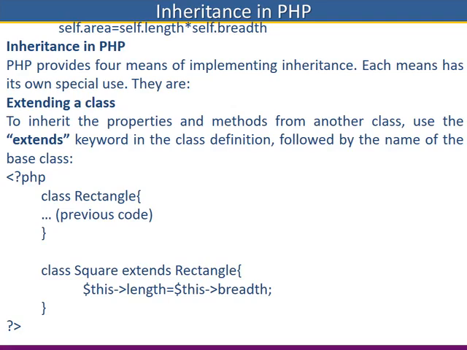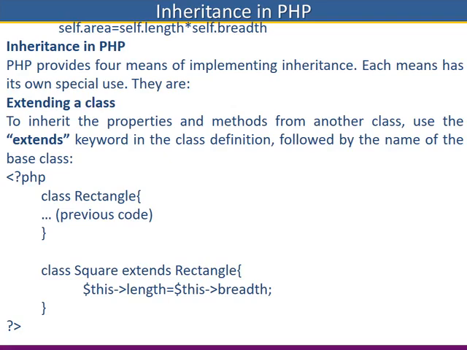Let's see the example from the same code we have been looking at. Class rectangle is the parent class, and the subclass is the class square. We use extend to inherit the properties and methods from the parent class, which is the rectangle.